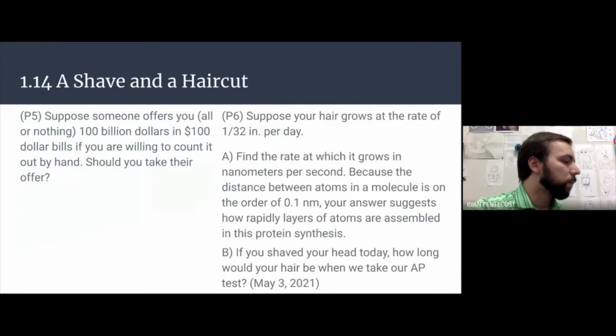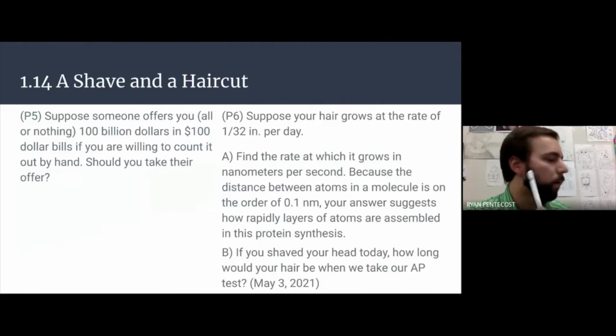So if it's almost 10 nanometers per second, that essentially means that you're on the order, and if that gap is on the order of 0.1, correct me if I'm wrong in the discussion, that seems to be about 100 atomic layers of atoms bonded by molecules per second.